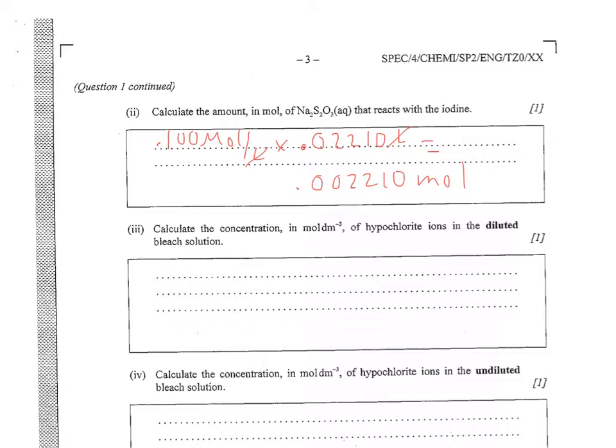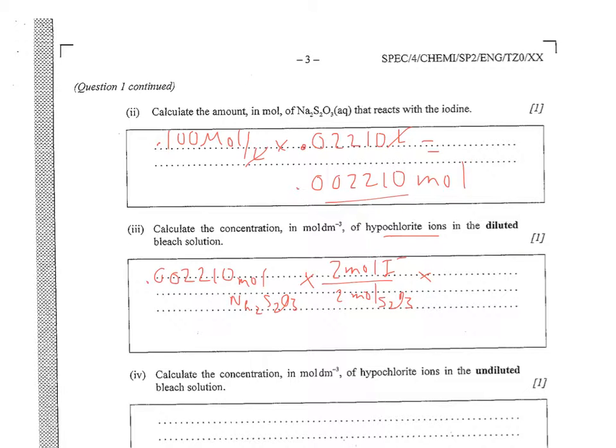Now they ask you to calculate the concentration in moles per liter in the diluted bleach solution. So first of all, we have to find out, compared to the sodium thiosulfate, which we've got a molar amount for, how many moles of ClO or hypochlorite ions would that be? So the 0.002210, this is the Na2S2O3, and I can see that there's 2 moles of iodine ions per 2 moles of the thiosulfate ions.